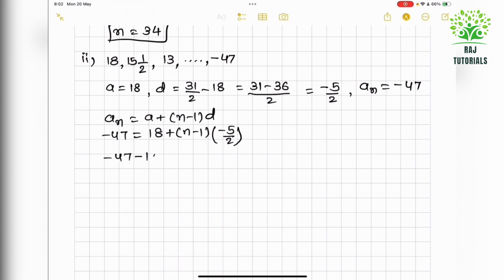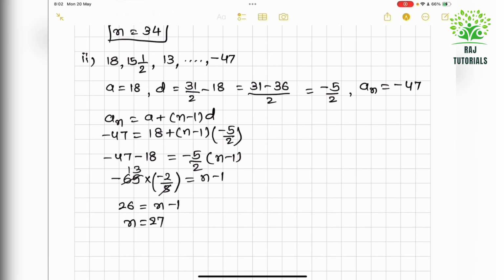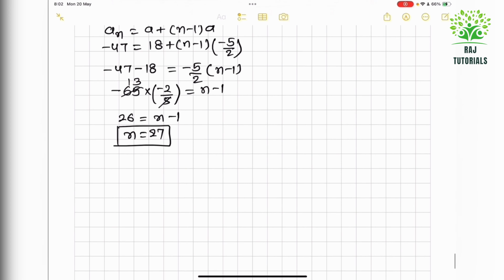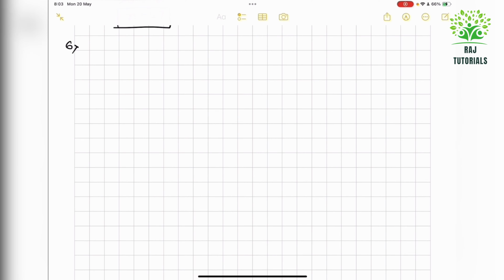So minus 47 minus 18 equal to minus 5 by 2 into N minus 1. So minus 65 into minus 2 by 5 equal to N minus 1. So 26 equal to N minus 1. So N equal to 27. So I got N equal to 27.